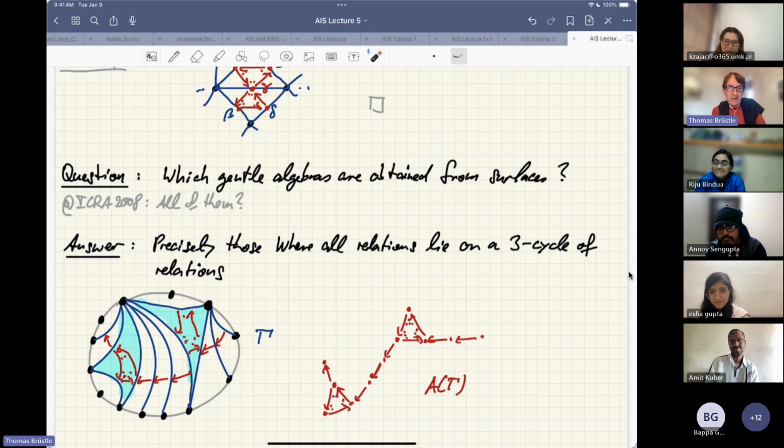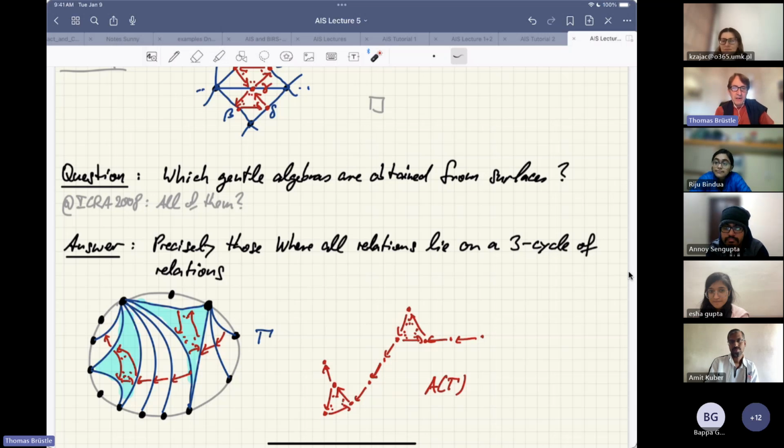Any question you get is a good question. It should give you some incentive to think about it. I could have started asking myself, what can we do to generalize? What can we do to obtain all gentle algebras?